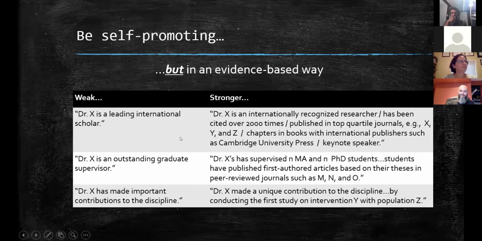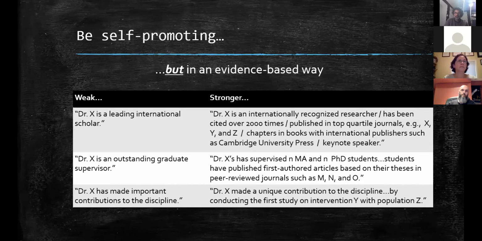And so what's more helpful is if the researcher can say something in particular that shows their qualifications, like, for example, they've been cited a certain number of times, or they've been a keynote speaker at conferences, or they've had a chapter with an internationally recognized publisher, all of those sorts of things. Same thing with graduate supervision.